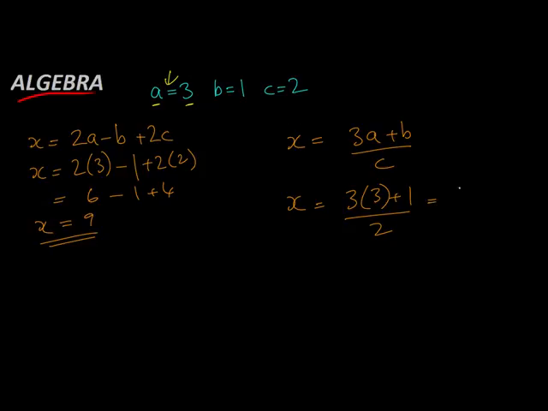So 3 3s are 9, plus 1 is 10 on the top, divided by 2. 10 divided by 2 means how many 2s go into 10, or 2 times a number equals 10. Well, the number that when you multiply by 2 you get 10 is 5. 2 5s are 10. So that's the answer, or the solution to that particular question.